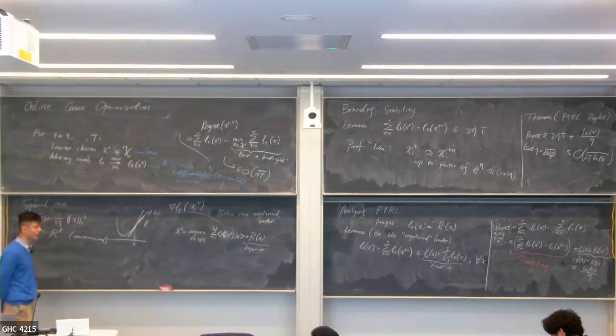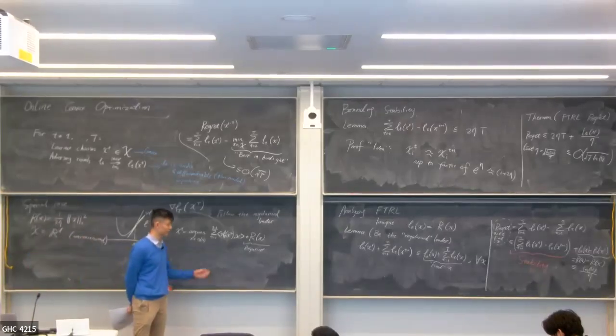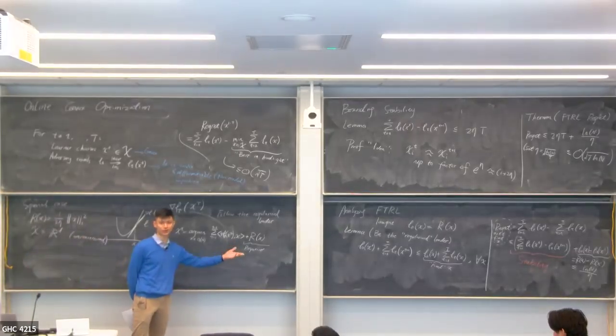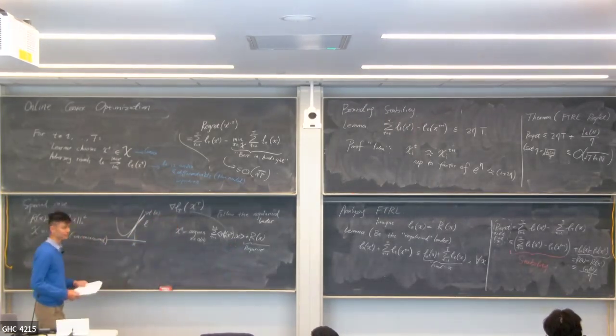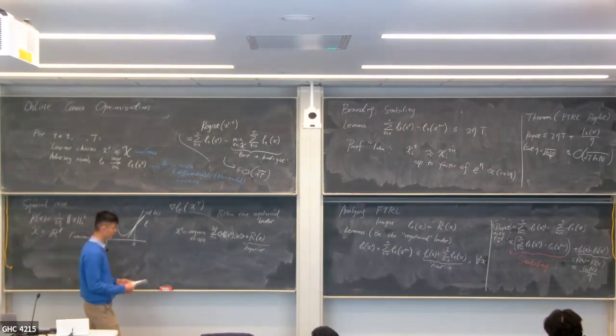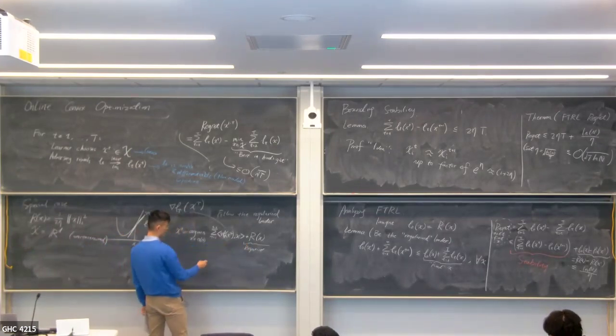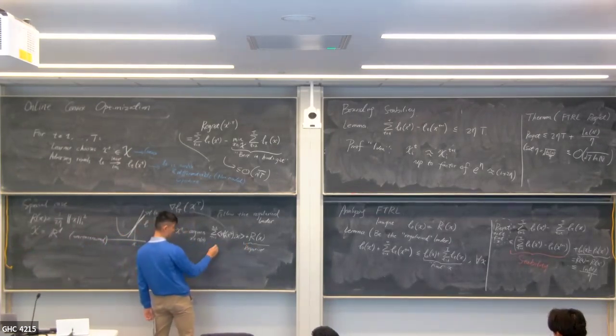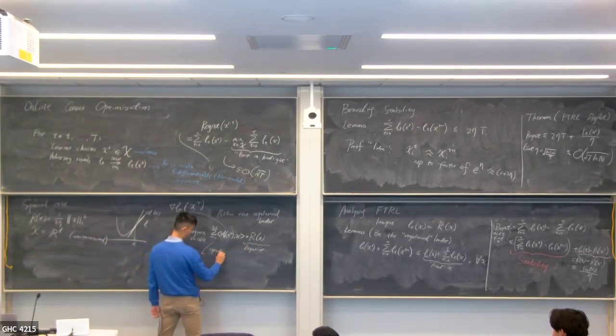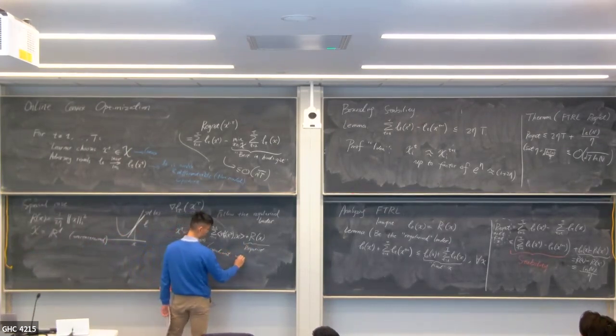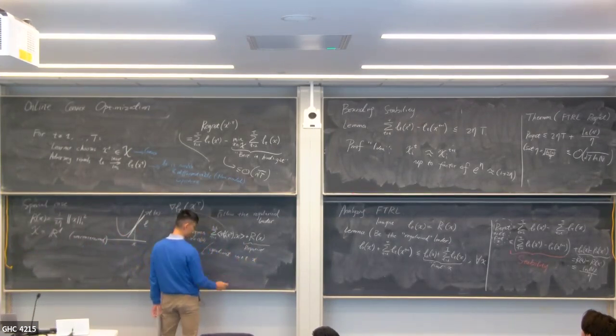The usual strategy of staring at this, taking the gradient and setting it to 0 usually works. So if I take the gradient with respect to x, the gradient of this looks like the sum of the gradients.